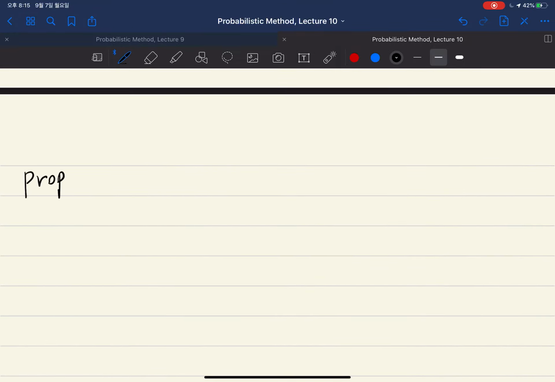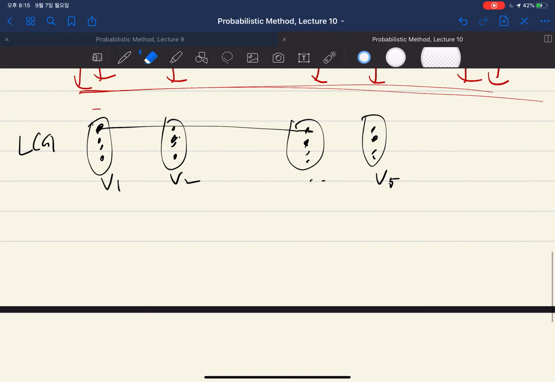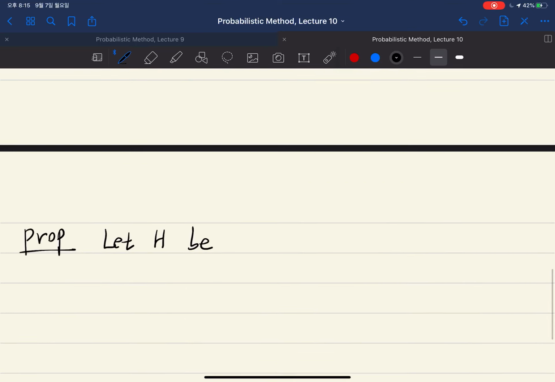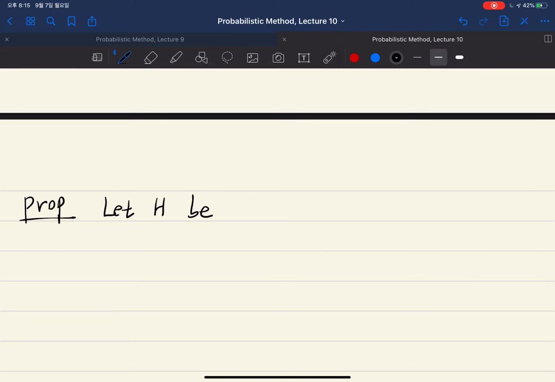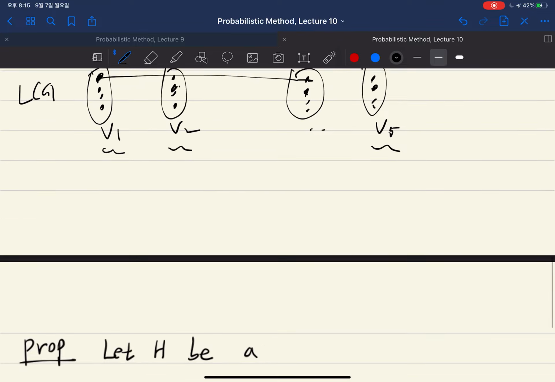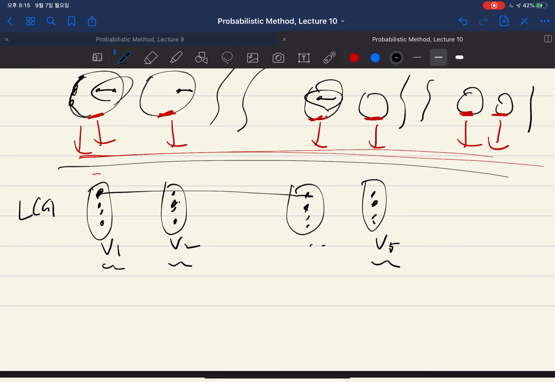So that's roughly the kind of proposition that we want to prove. We can prove similar things using the local lemma as long as each Vi is large and the graph has bounded maximum degree. So this is a proposition that we will use later in this manner.